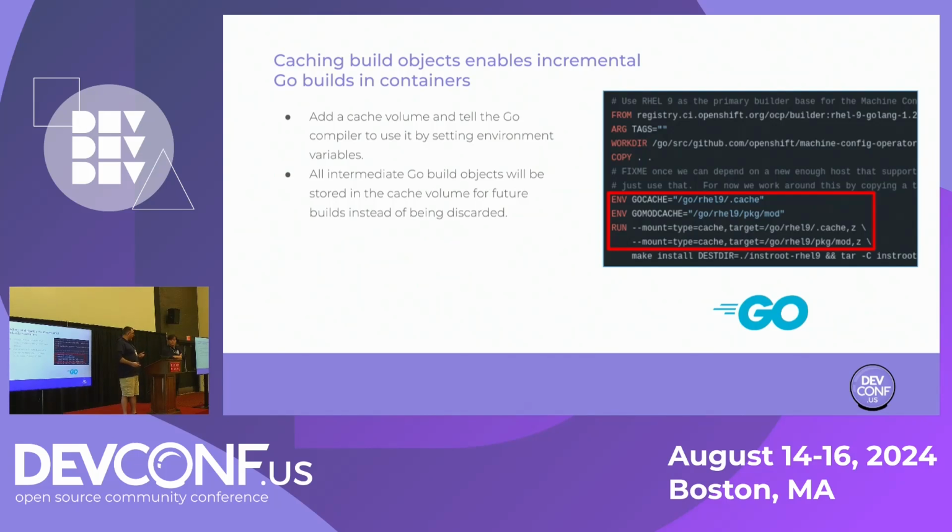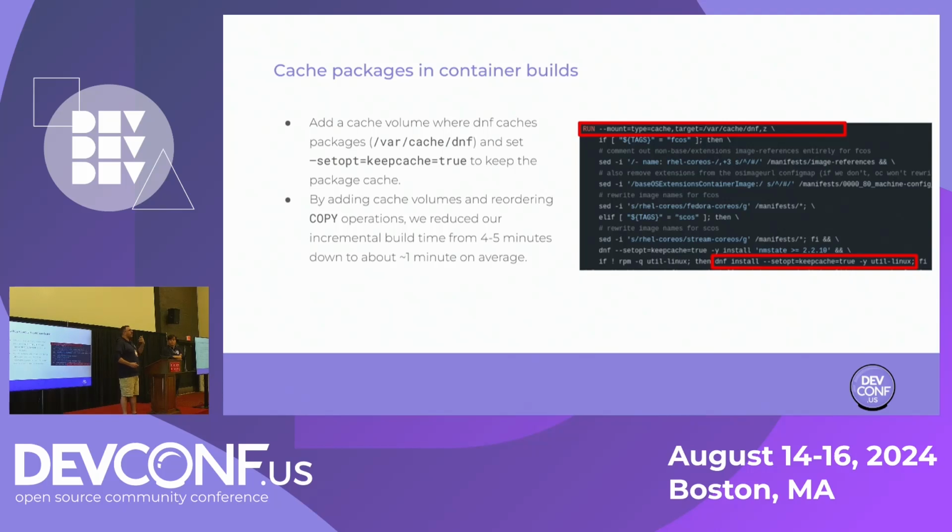And then also for installing packages, we create a cache volume and we put it right where DNF would cache packages normally, and we tell DNF to keep the cache around. By doing this, we were able to reduce our incremental build time pretty significantly, down to say 1 or 2 minutes on average.